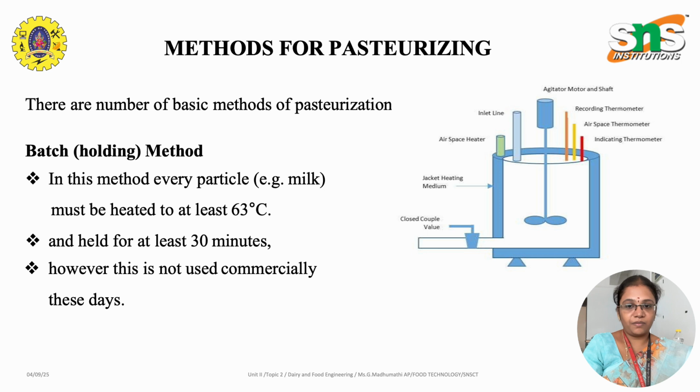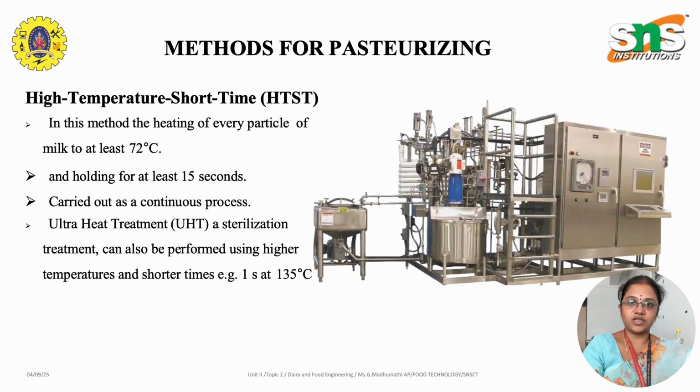After the pasteurization process, the milk exits from the exit valve. Here the holding time for the milk inside the vat is only 30 minutes, where it is exposed to nearly 63 degrees Celsius, and it is the most commercially practiced method in any milk processing industry.